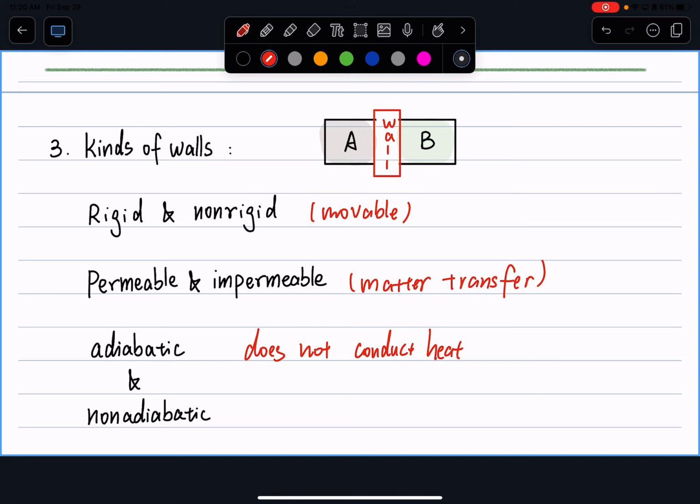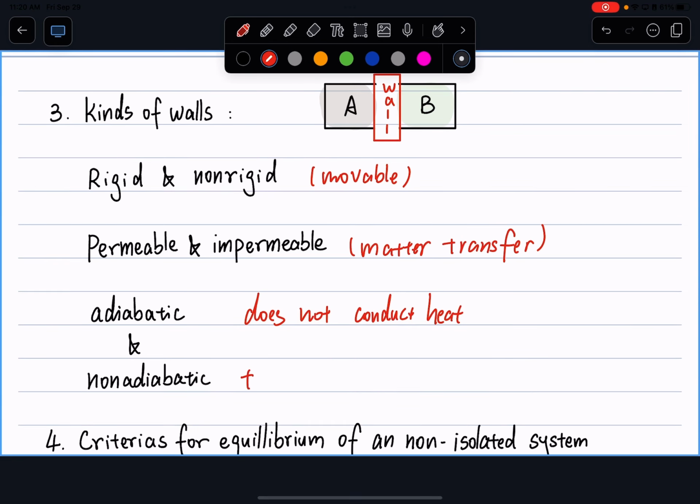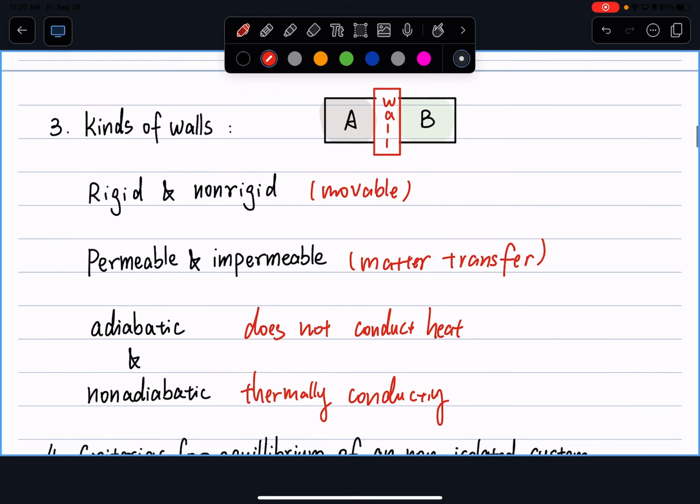A non-adiabatic wall will be thermally conducting. Now your textbook has the longer version of the definition, but these are the gist I hope you can grasp. So adiabatic, non-adiabatic tells you about whether or not heat transfer is allowed.